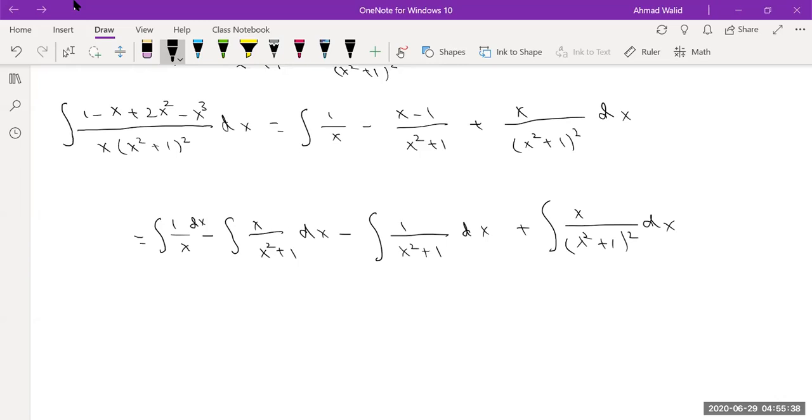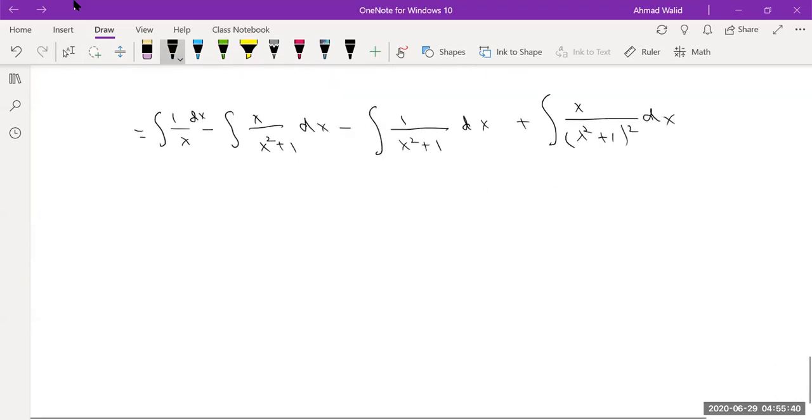I will write the answer here, assuming that you know that here you will use substitution, here you will use the trigonometric, and here you know how to deal with this integral because you have a square here.